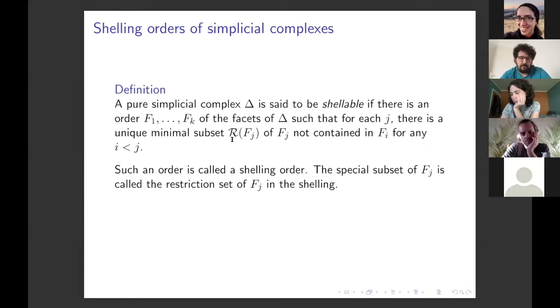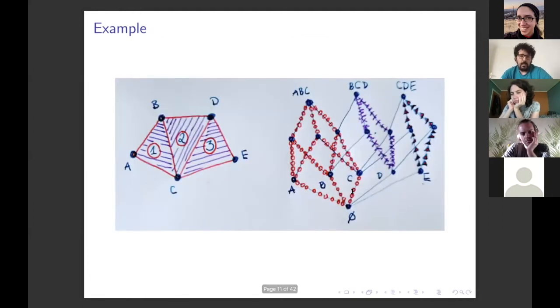So I have this ordering and this way to construct the complex, and now I have some combinatorial invariant of the face that I can use to keep track of how I'm gluing my simplicial complex. Let's go back to a very simple example. I have my complex on the left, and I labeled the triangles 1, 2, 3.